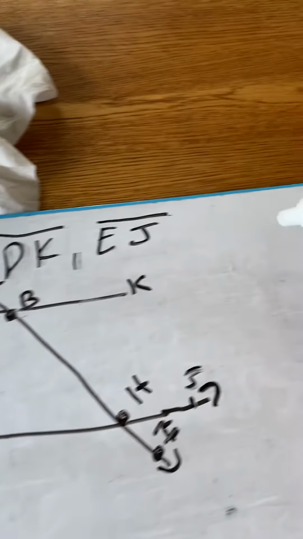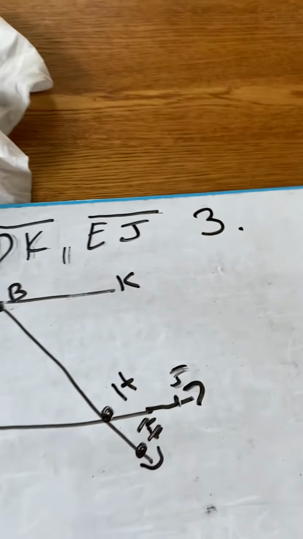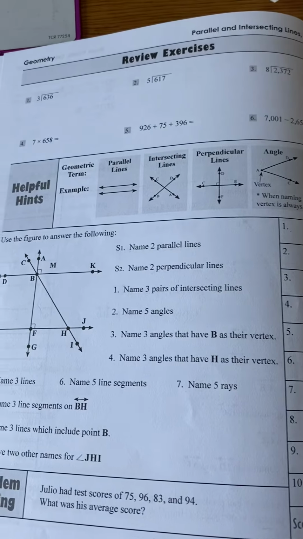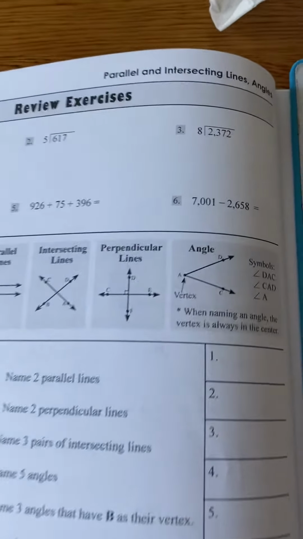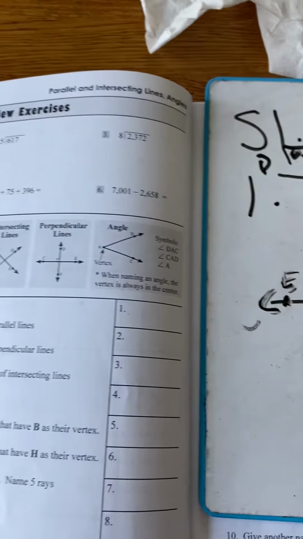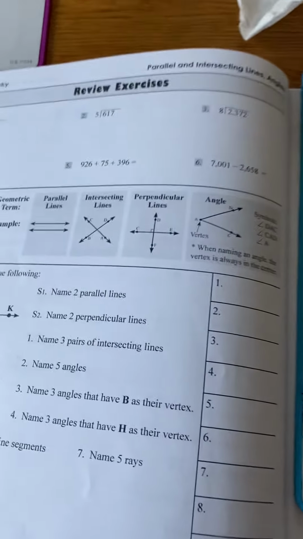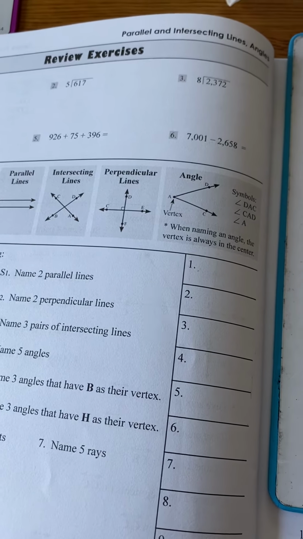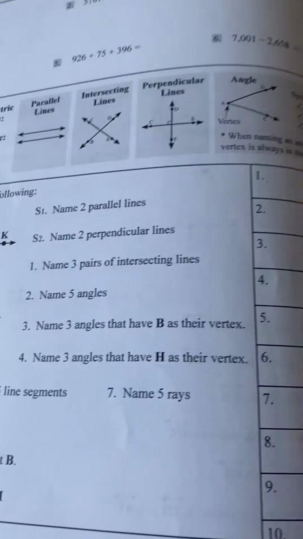So number 3, this one is asking to name 3 angles that have B as their vertex. Remember, vertex is this point right here, and we're always going to write the vertex in the middle. So FBH is going to give us where the vertex is at.